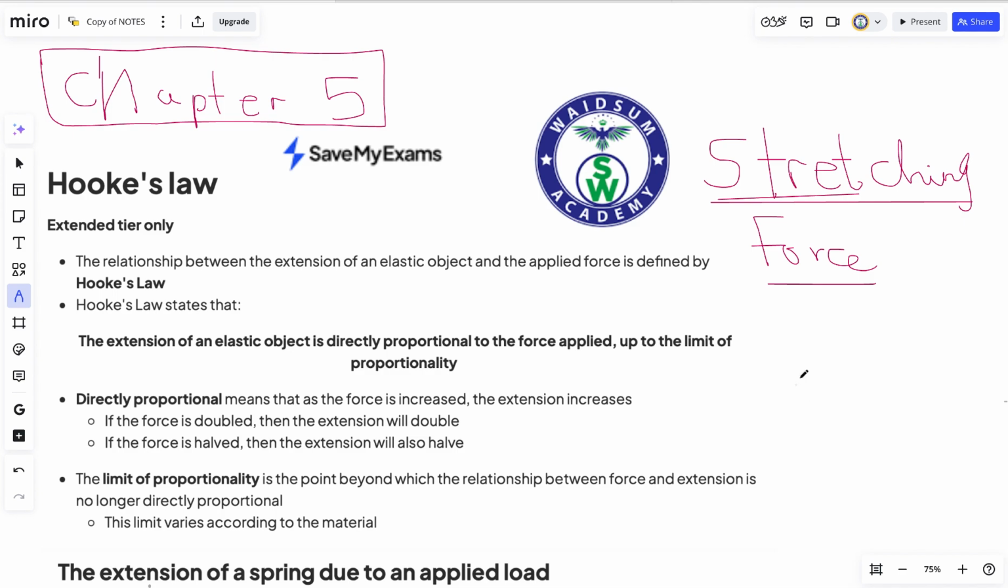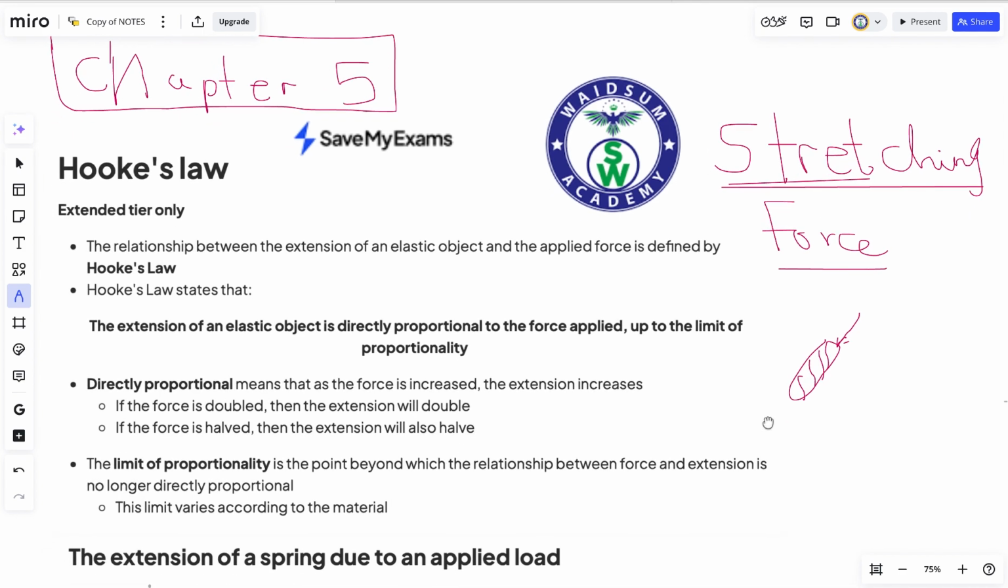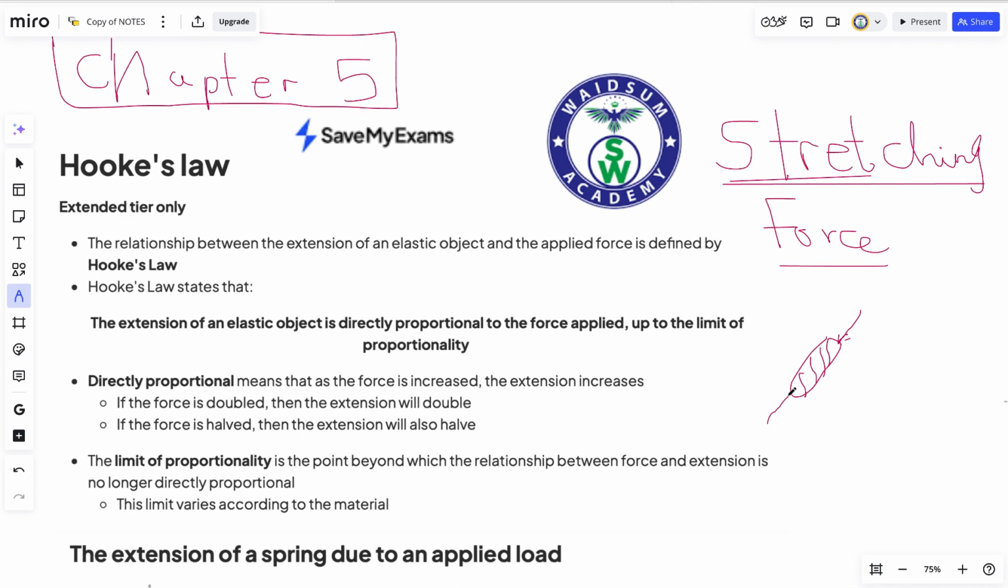For example, if I have a plastic material and I apply two forces to it, one coming in like this, pressing it, and another force also pressing in from this side, then what will happen to this object?